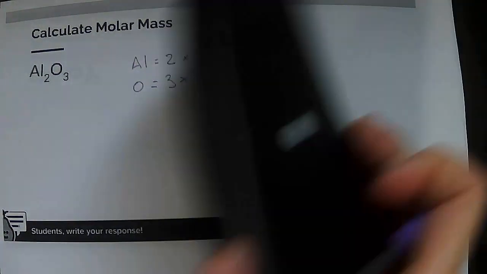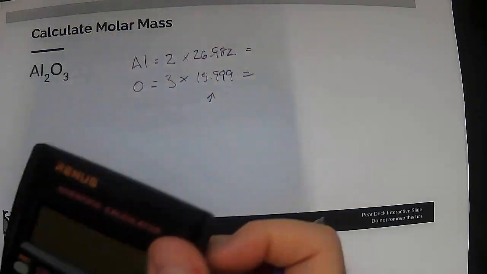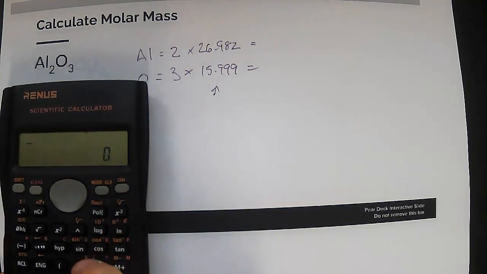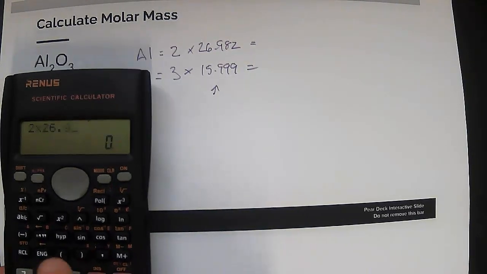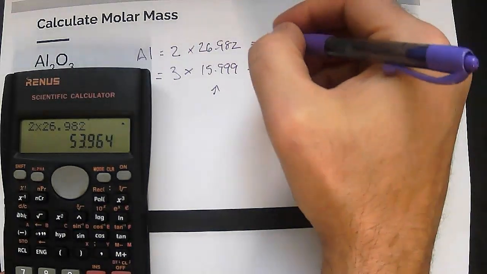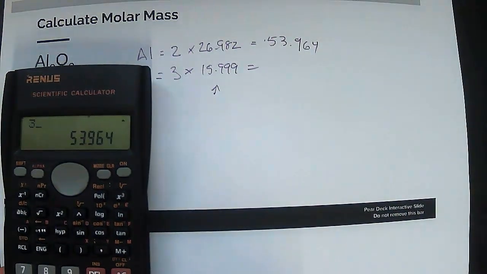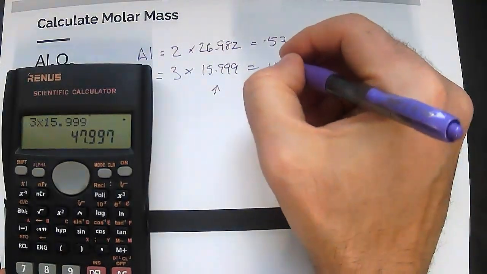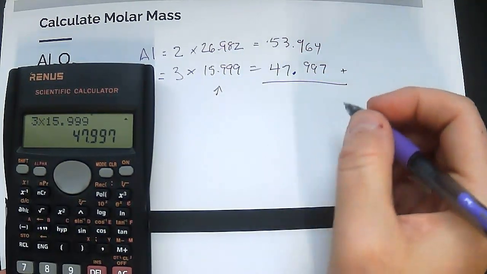And so now we're going to do some math. So again, we take out our calculator. I'm going to do 2 times 26.982, and that's going to be 53.964, and I'm going to do 3 times 15.999, and that's 47.997, and then I'm going to take those two and add them up.